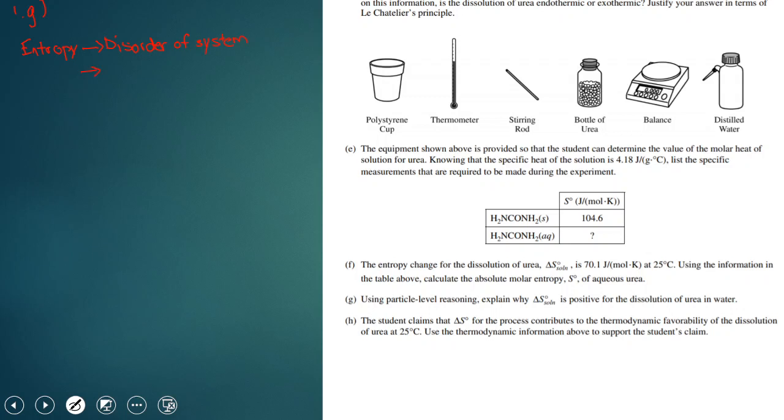But we also know that entropy can be increased with disorganization, although that is kind of a general term, and an increase in the molecular arrangements.